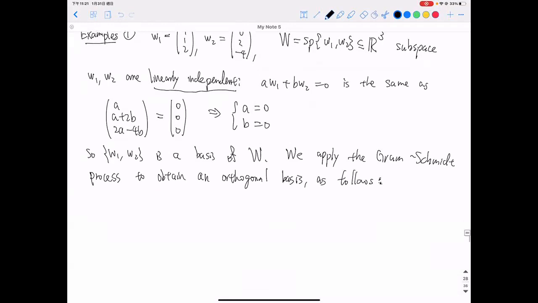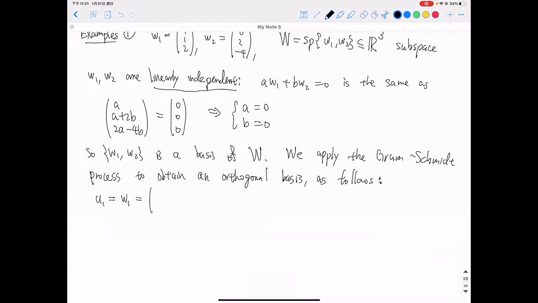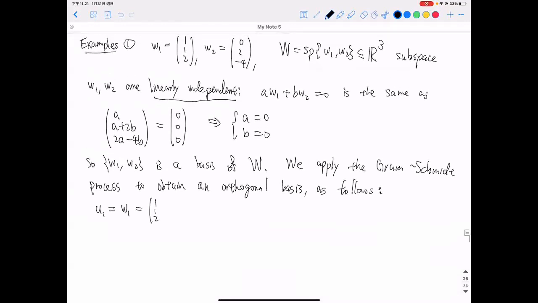So what do we do? We take U1 to be W1. So that was 1, 1, 2. Now U2, according to the construction, should be W2 minus some multiple of U1, and the multiple being given by W2 dot U1 over U1 dot U1.